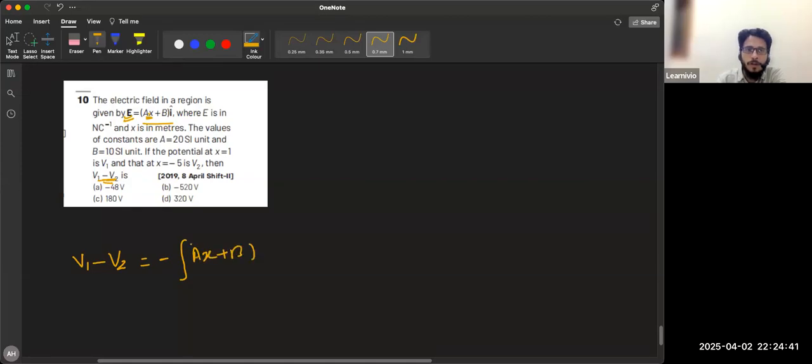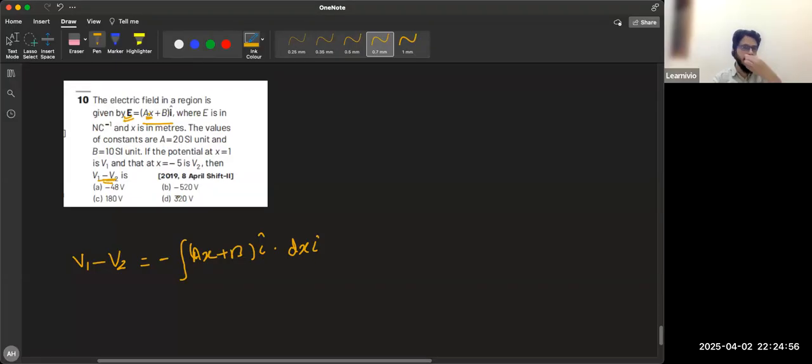If your electric field is along i cap, then your dr should also be along i cap, so we'll use dx i cap. If along j cap, we use dy j cap. If along k cap, we use dz k cap.